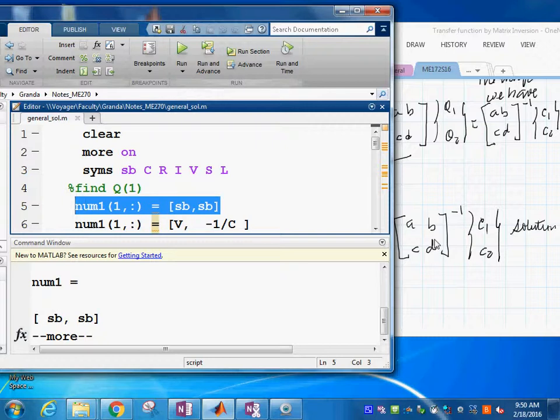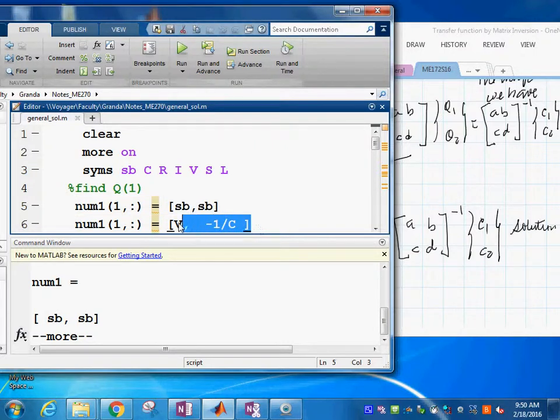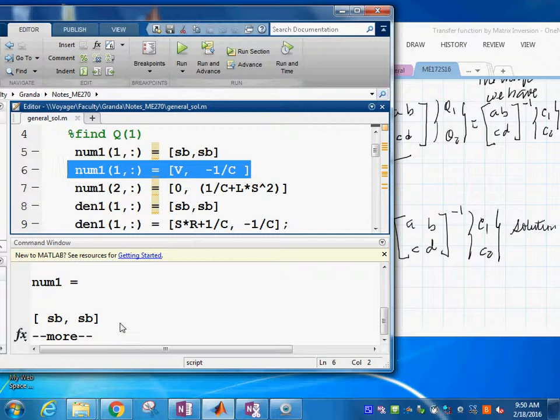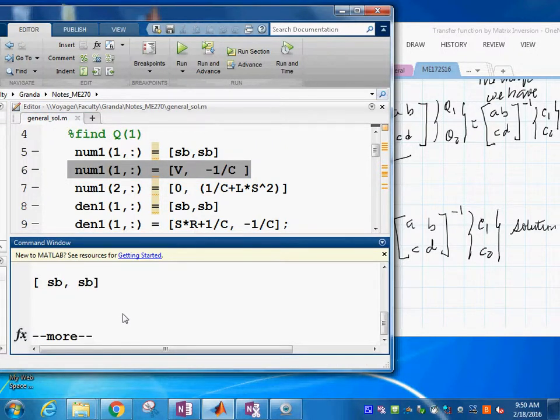Where are the equations? Right here. This set of equations. In fact, this one is the numerator, right? So is this one right here. And then let's keep going.